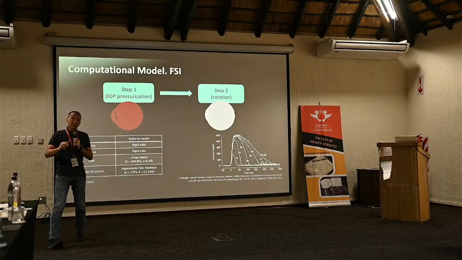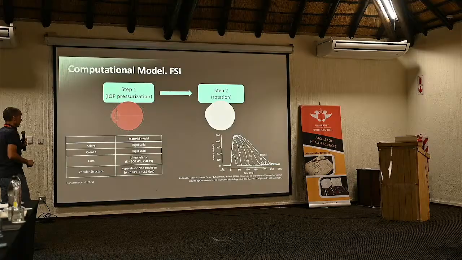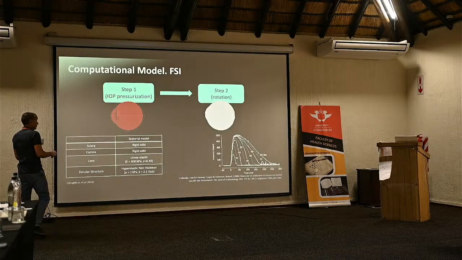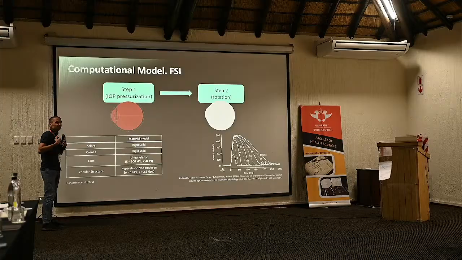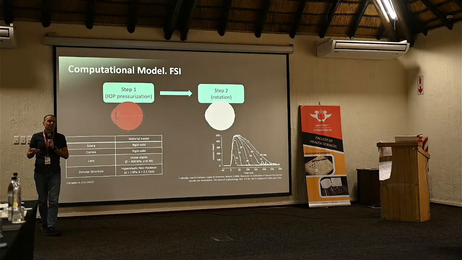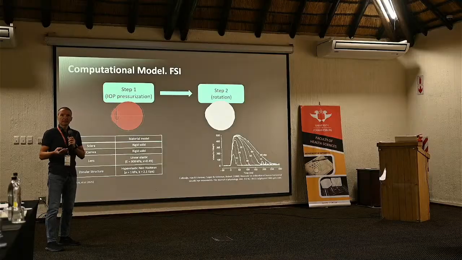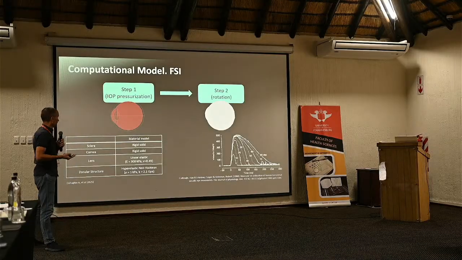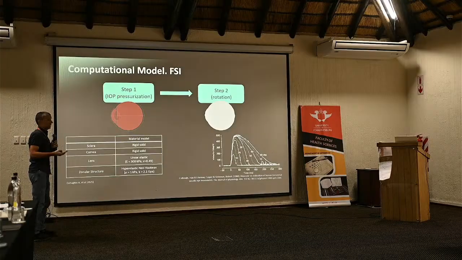In the table on the left-hand side, there are some mechanical properties that we use in our model. As you can see, in this approach, we consider the surrounding tissues, which at this very beginning we think are not important in the behavior that we intend to represent. So the sclera and cornea are represented as rigid solid bodies.